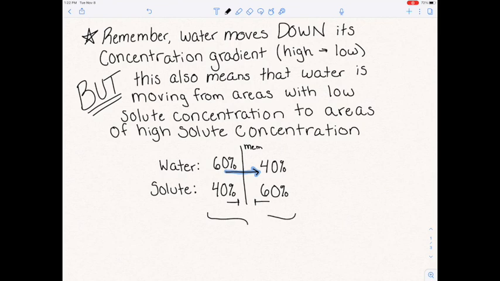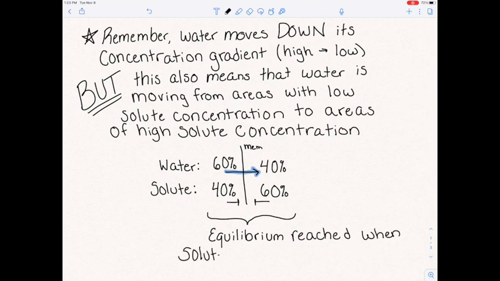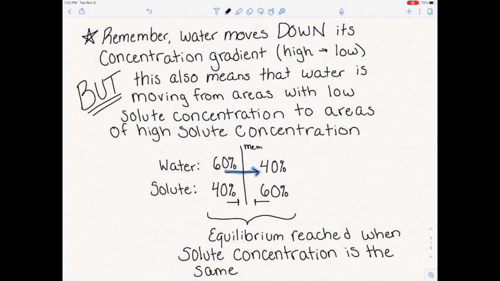So what's going to happen is both of these sides are going to be able to reach an equilibrium when the solute concentration is the same. But to do this, we have to put water through the membrane to dilute the solute.